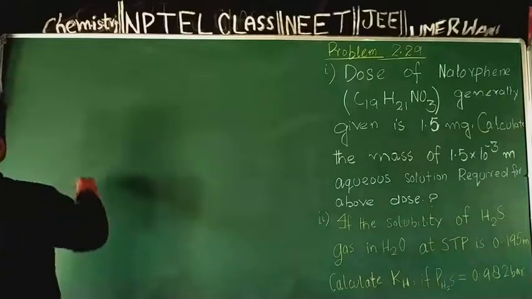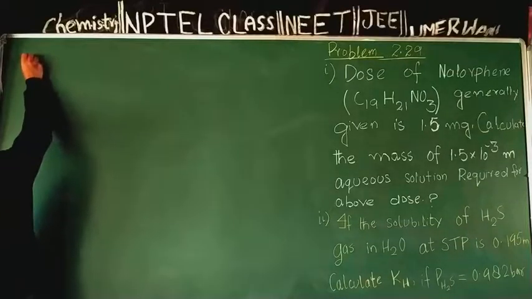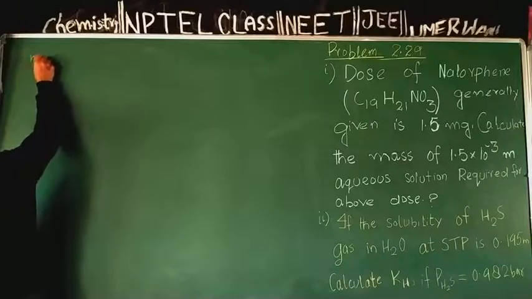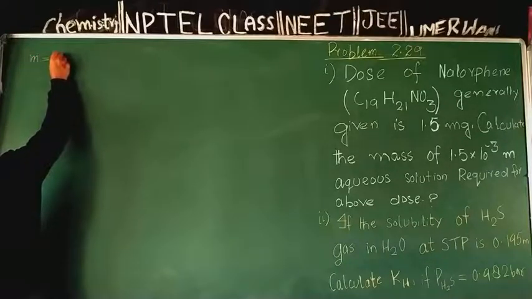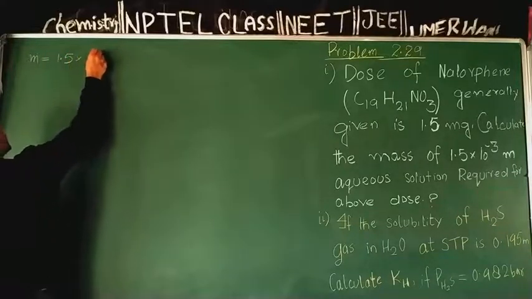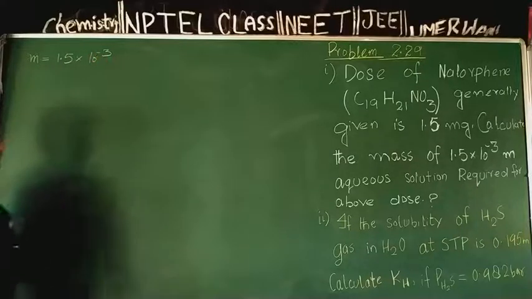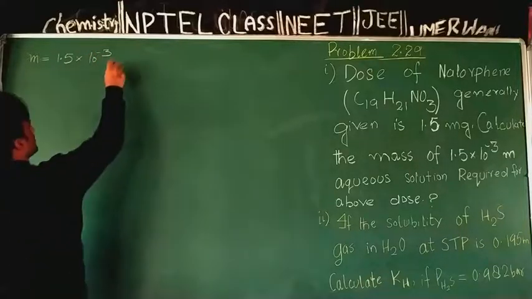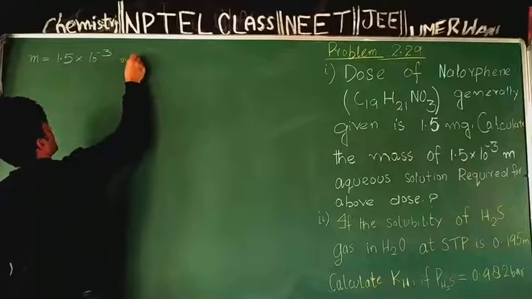So after understanding this problem, I got to know that the molality of the aqueous solution of morphine is given as 1.5 into 10⁻³, and the unit of molality is mole per kg.